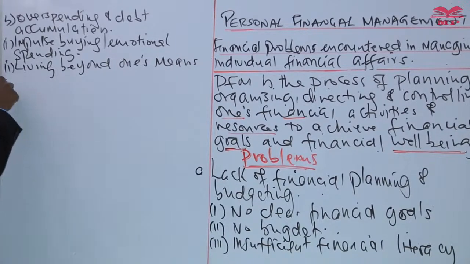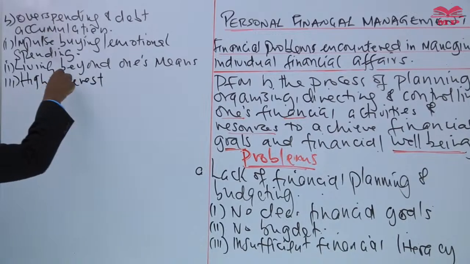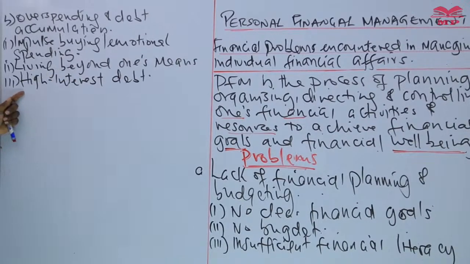Number 2, high interest debt. Accumulating high interest debt can be difficult to manage and can significantly impact financial goals.